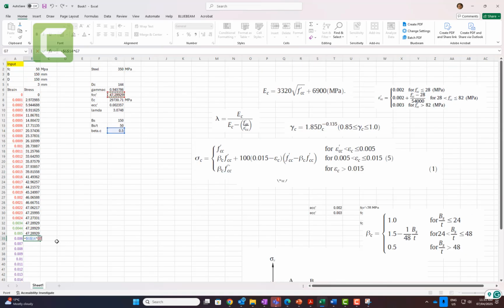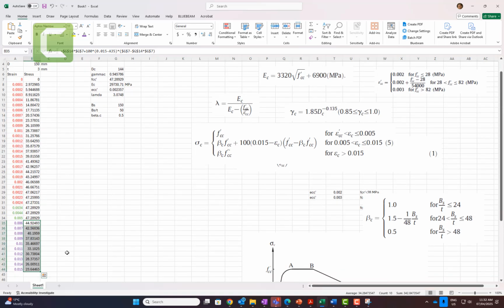So this fc', we're going to lock it. 4 plus 100 multiplied by 0.015 minus strain, multiplied by fcc'. Now we need to lock beta_c, by the way. Anyway, multiplied by fcc'. So we can lock these cells here, this value 835, we don't need to lock it. I think that's it.